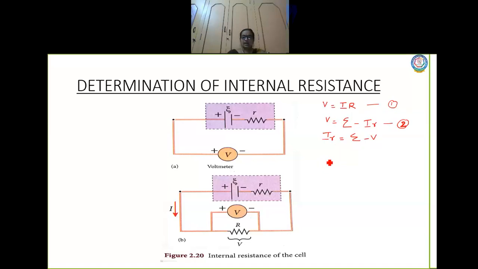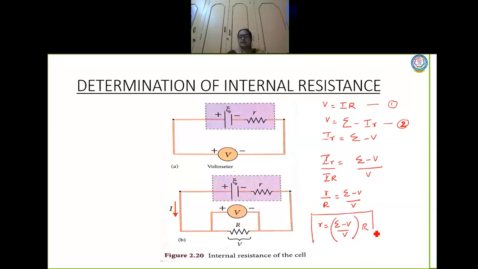So, I have IR equal to psi minus V divided by IR. Now here I have V, so I gets cancelled. So, I have r by R equal to psi minus V by V, or I can simply find the value of internal resistance r equal to psi minus V by V into R. So, here is the formula to calculate the internal resistance of a cell.